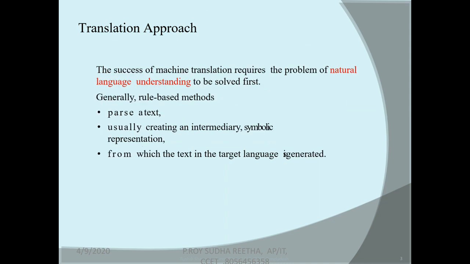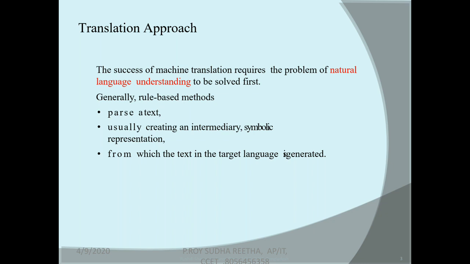The translation approach also involves natural language understanding, and this is the first step to be solved. Natural language understanding includes various types of methods, generally the rule based method, the example based method, and many other methods we are going to discuss in this video lecture. Rule based method is the most common method used in translation approaches.